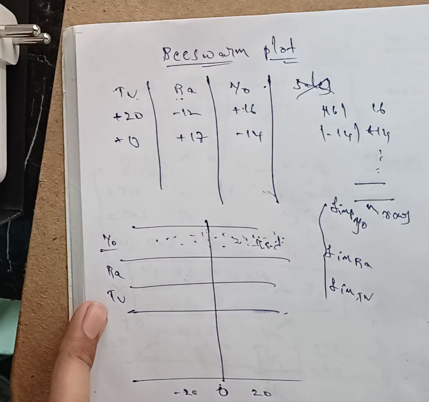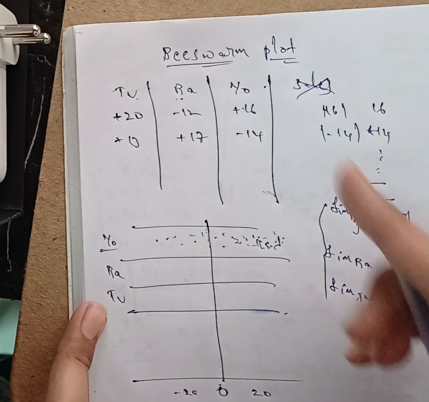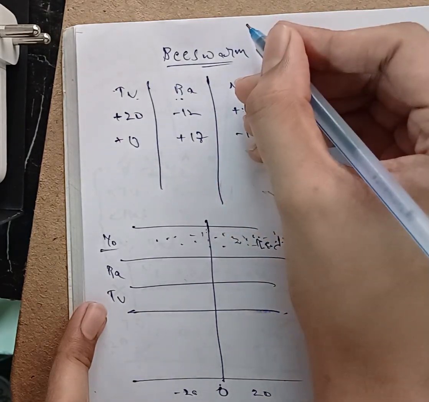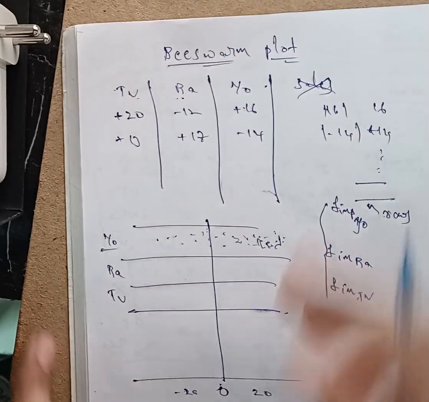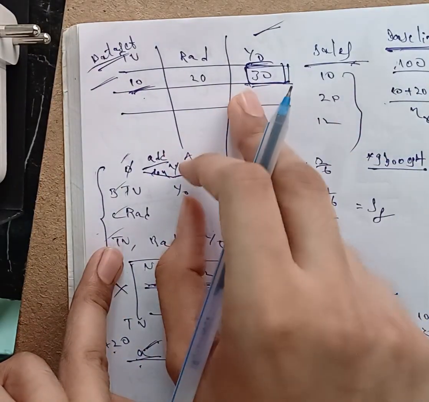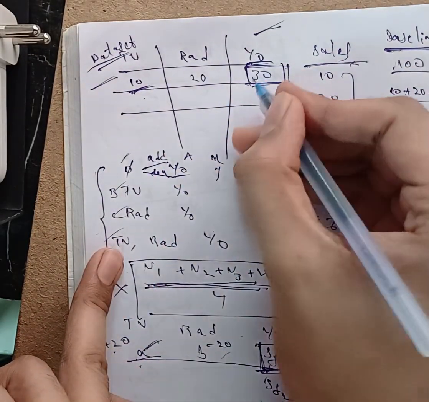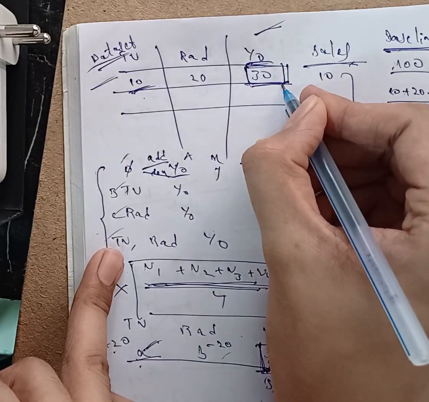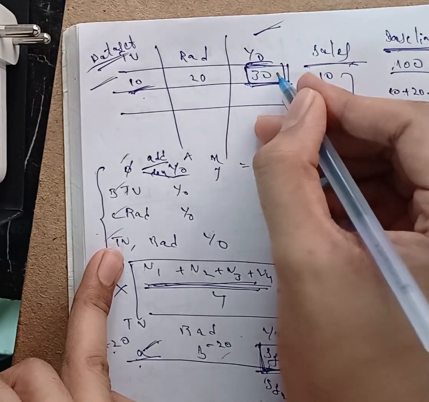So basically what I'm trying to say is, in the original data set there will be one corresponding feature for YouTube. Let's say this is the original data set and here we have 30, and let's say this is the biggest value.